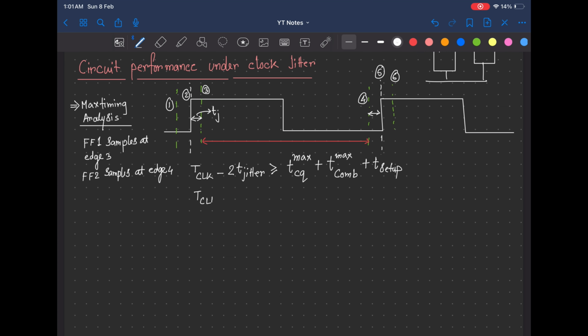Because of that decrease in the clock period, my setup time equation gets worse. I will get very less time as a margin in the setup calculation, because this whole right term is increasing. So because of that I will get less time.